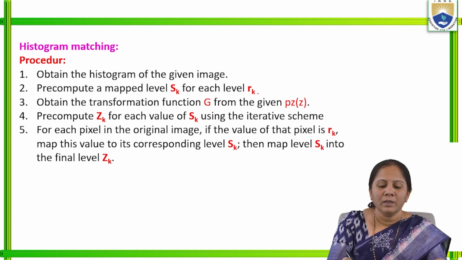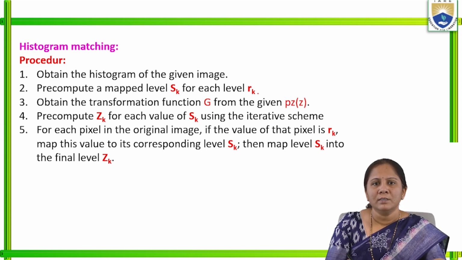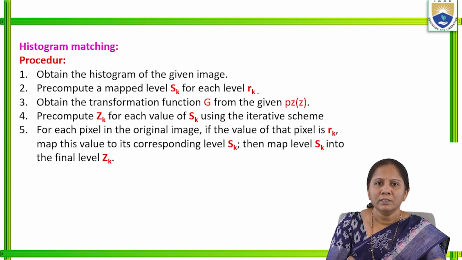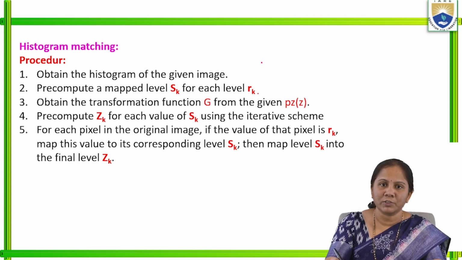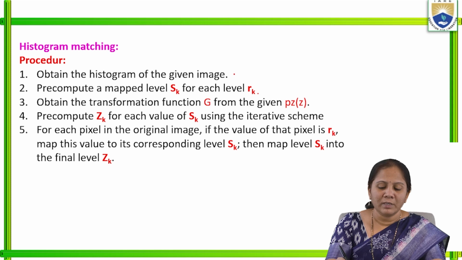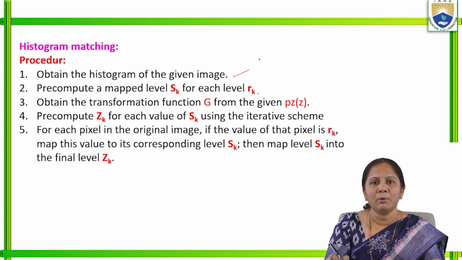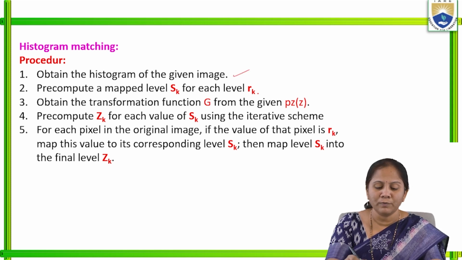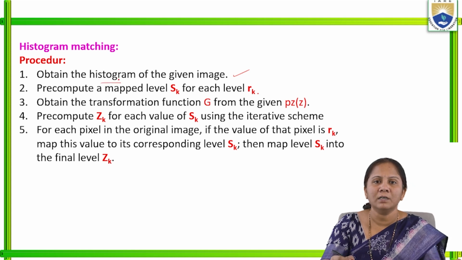This is the procedure we have to apply to images in order to perform histogram matching. The first step is to obtain the histogram of the given image. We know how to obtain the histogram of an image; in the previous session we saw it in the concept of histogram equalization.